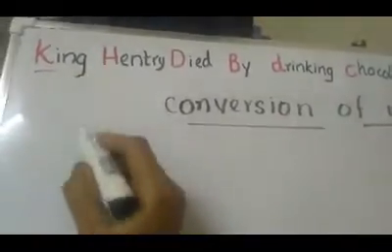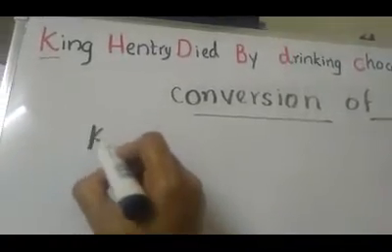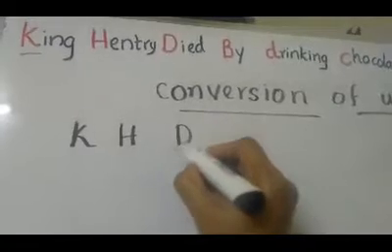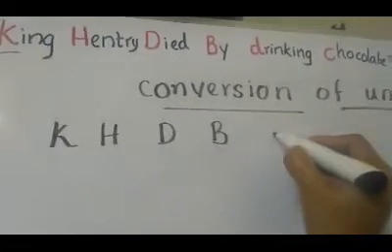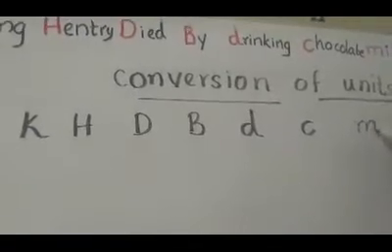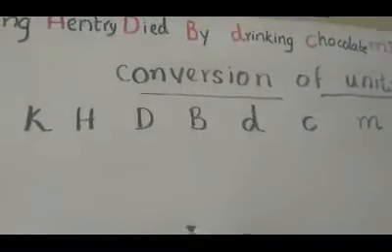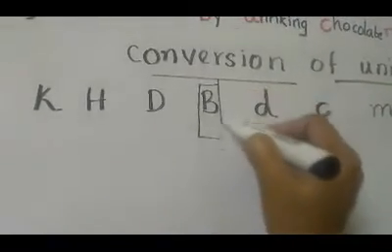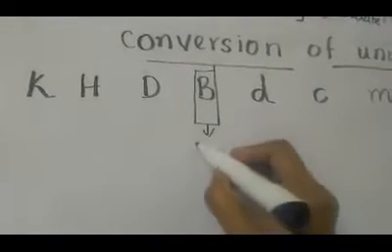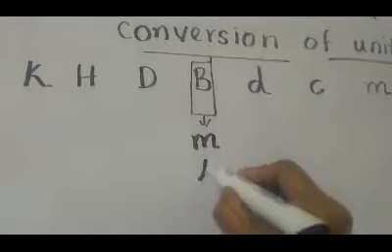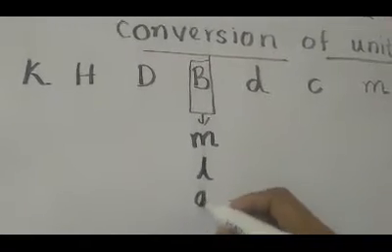In King, I am going to take K, then H, then D, then B, then D, then C, then M. Now the first thing we want to do is this is base. The base units are meter for length, then liter, then gram.